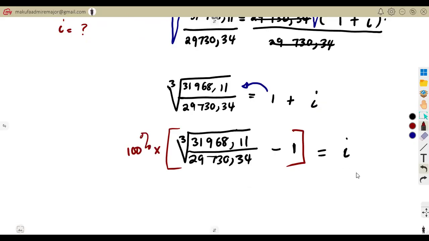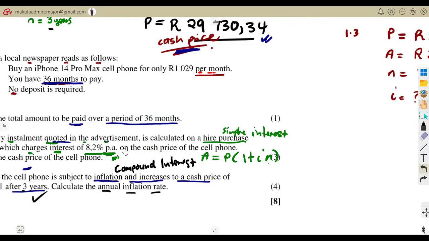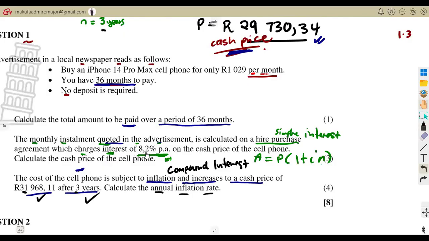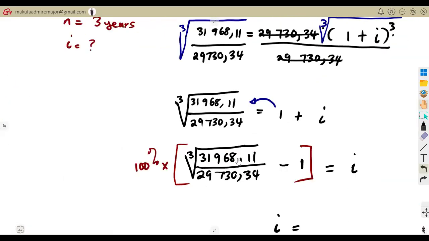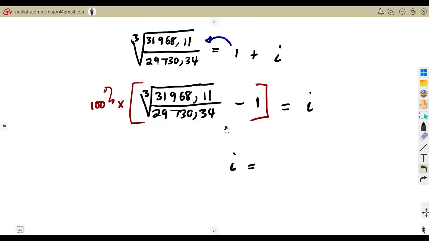The moment you multiply it by 100%, it means you're obtaining I as a percentage. As you are given in these questions, the charged interest is 8.2% per annum. So they want you to have it the same way as a percentage. When you were removing the percentage, you were dividing by 100. Now it is the opposite. So this is what I'm trying to say, guys. On our calculator, we just put that and multiply by 100.